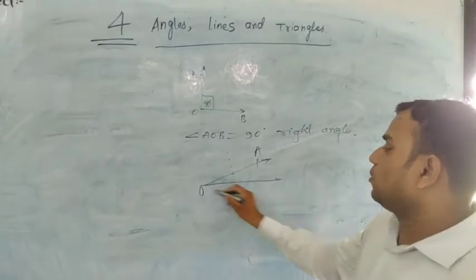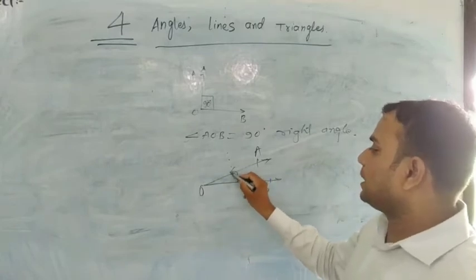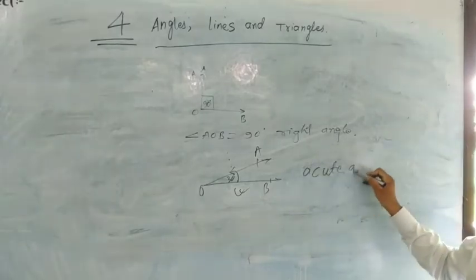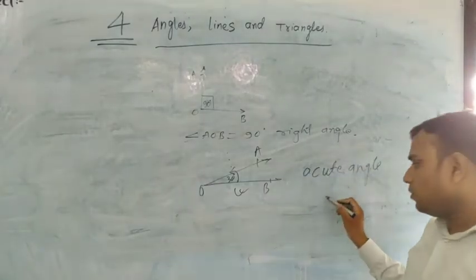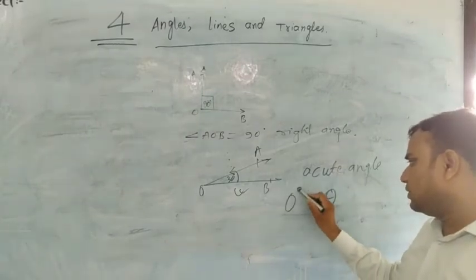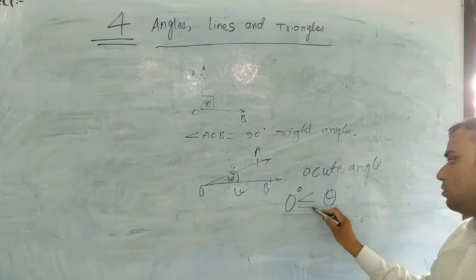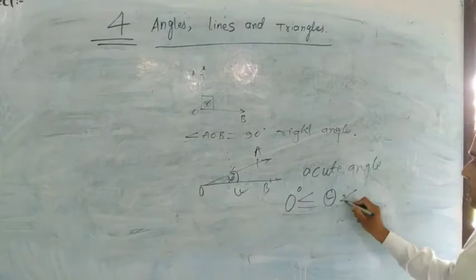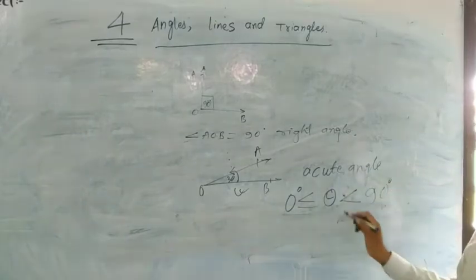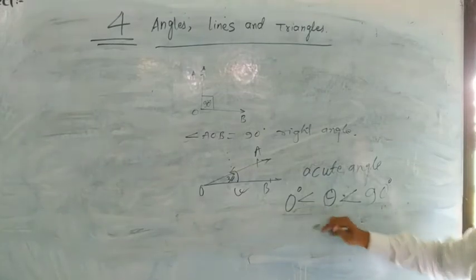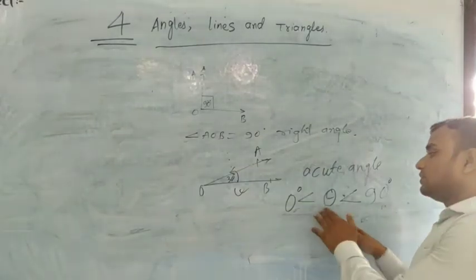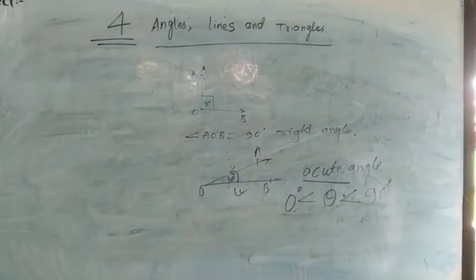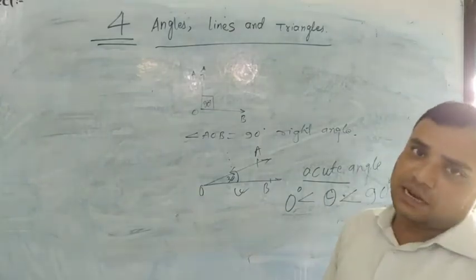If the angle is theta, then for an acute angle theta is greater than 0 degrees and less than 90 degrees. Examples: 10 degrees, 20 degrees, 30 degrees, 89 degrees also.